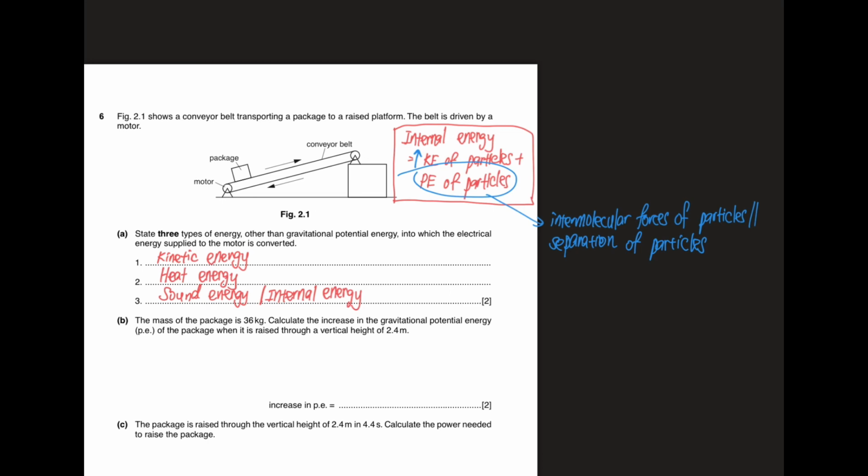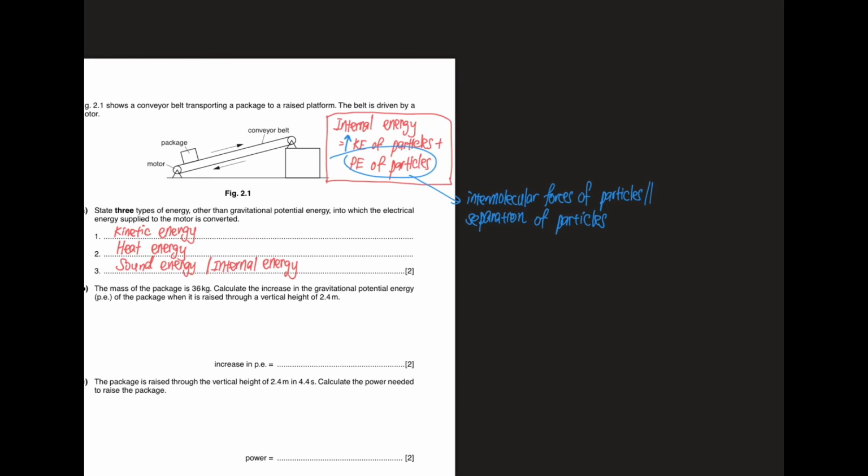At the same time, because the particles are hot, they move faster and faster and separate further apart. So the potential energy of the particles should increase also, and hence the internal energy increases. Okay, are you able to take it now? It's the energy in the particles.